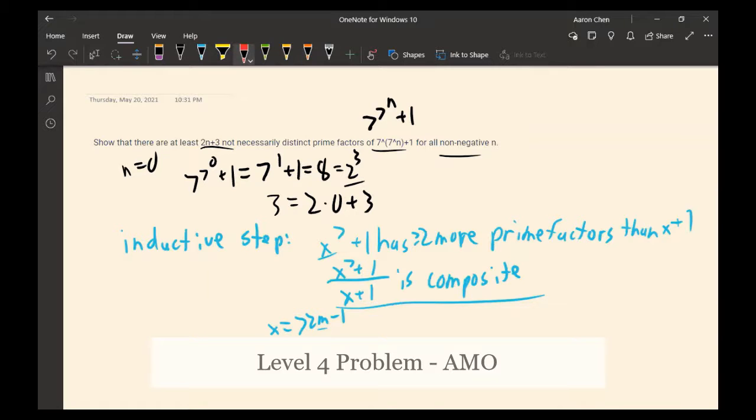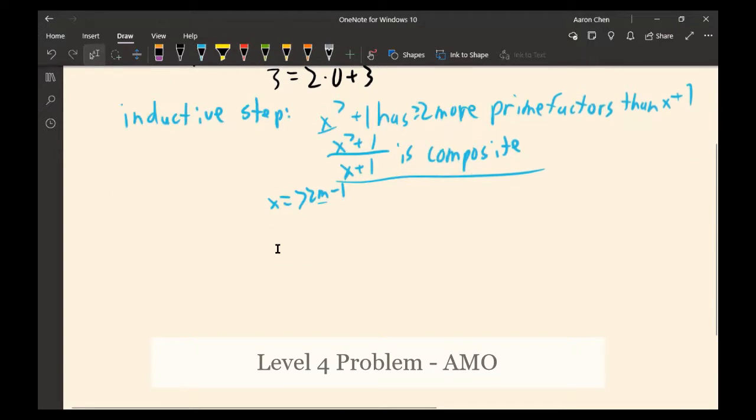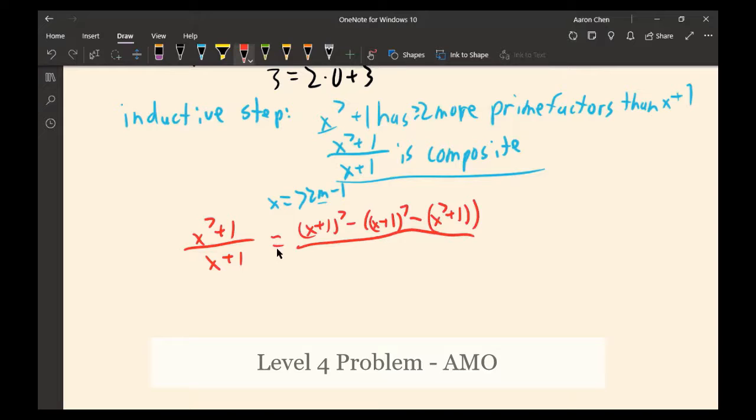And so the way this works is that x to the 7 plus 1 divided by x plus 1 is equal to x plus 1 to the power of 7 minus x to the 7 plus 1 divided by x plus 1.